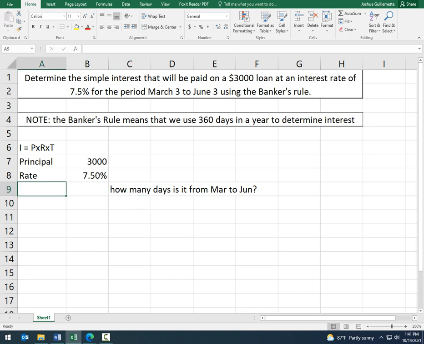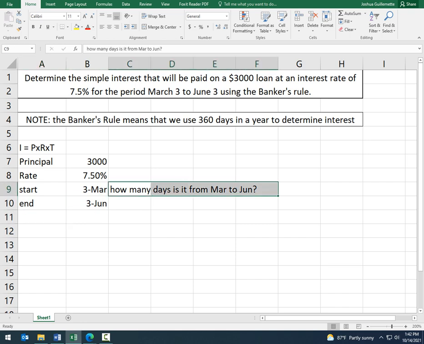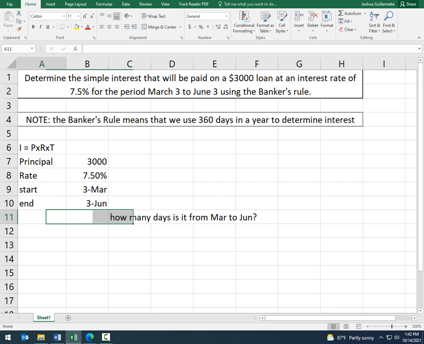So what I'm going to do in here is put the start date, March 3rd, and it's converted that to a date, which is great. And I need the end date of June 3rd. When I hit enter, that's going to convert that to a date. That's good.